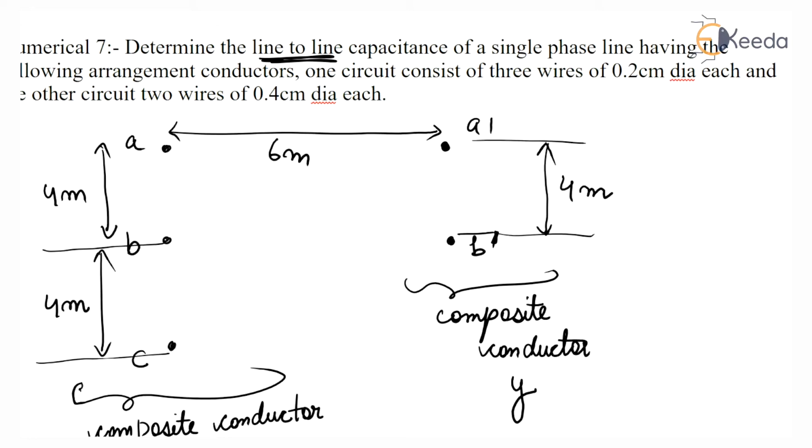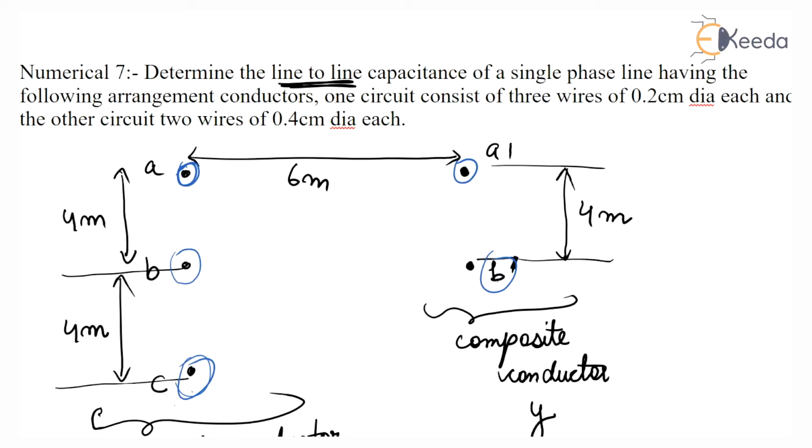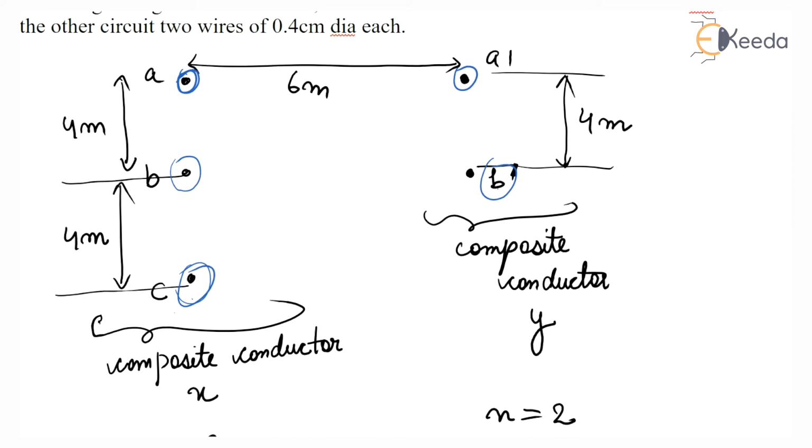So the mutual distances are: from conductor A to A dash, then A to B dash; similarly for conductor B, B to A dash and B to B dash; and the same for C, C to A dash and C to B dash, all to the power 1 by 6.